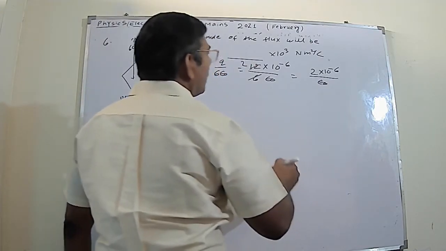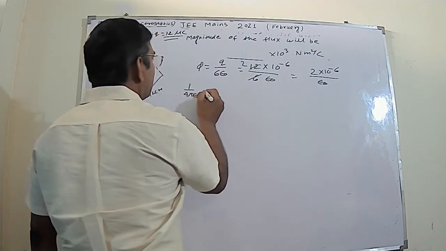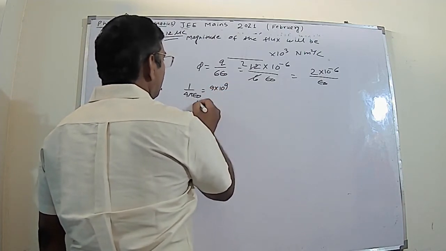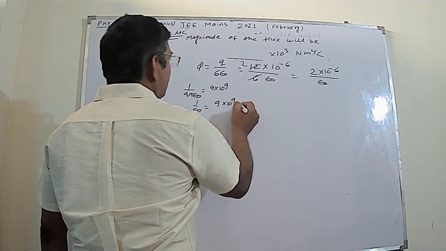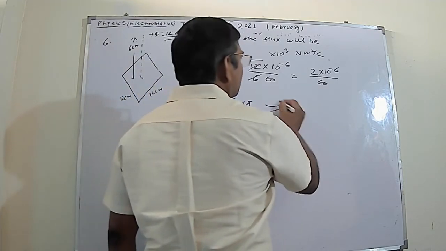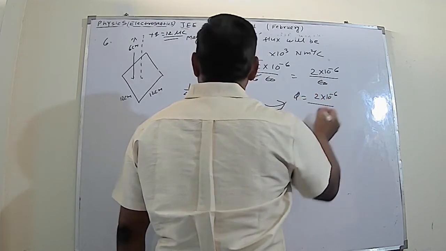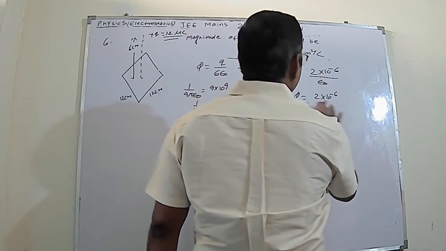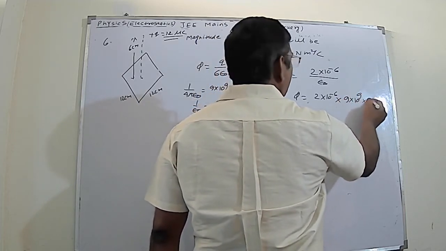So we just have to put the value here, and one more relation we know, that 1 by 4 pi epsilon naught is equal to 9 into 10 to the power 9. So here also we can get the value of epsilon naught. It will be 9 into 10 to the power 9 into 4 pi, right? So we can plug in the value here. So it will be 2 into 10 to the power minus 6 divided by 9 into 10 to the power 9 into 4 pi.